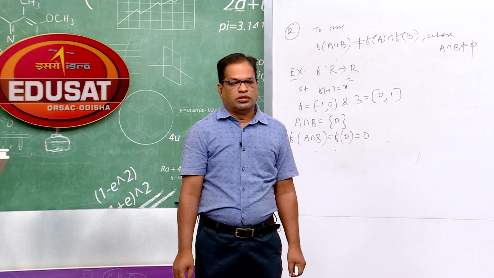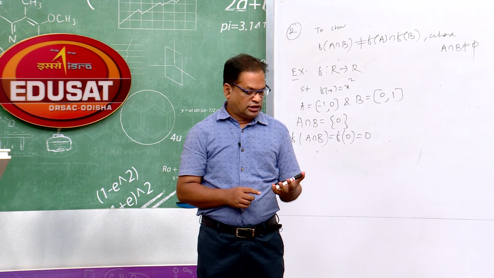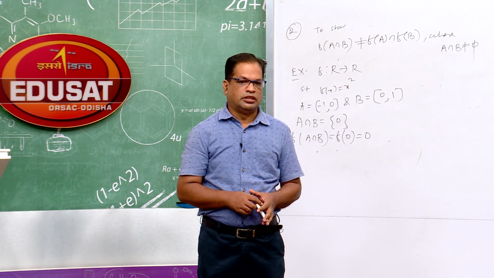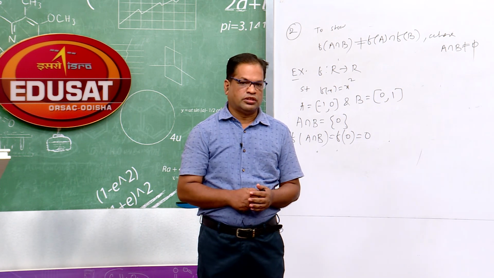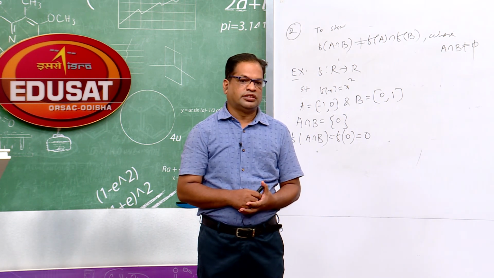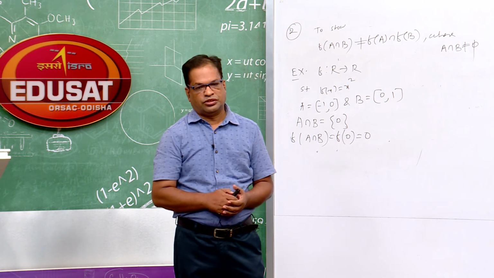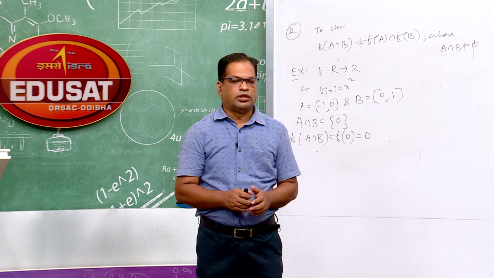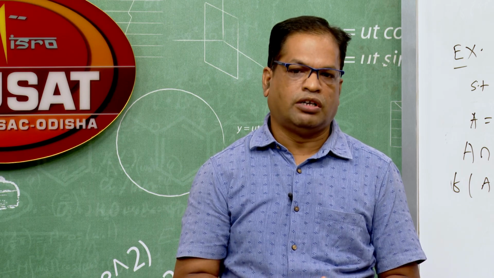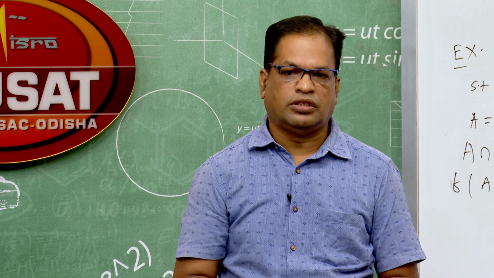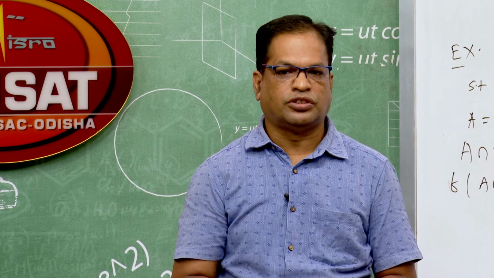So, we have completed relations and functions in this series of classes. In relations we discussed mainly equivalence relations and equivalence classes, and in functions we discussed the definition of a function and different types of function: one-one function, many-one function, onto function, into function, and especially bijective function.